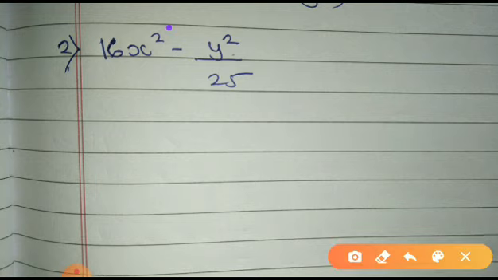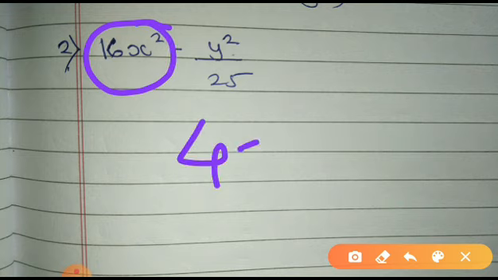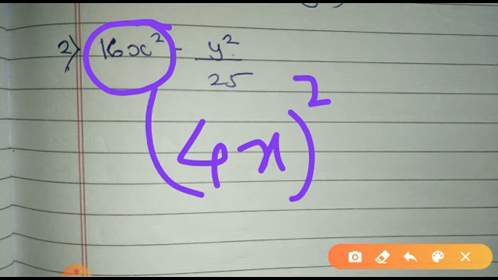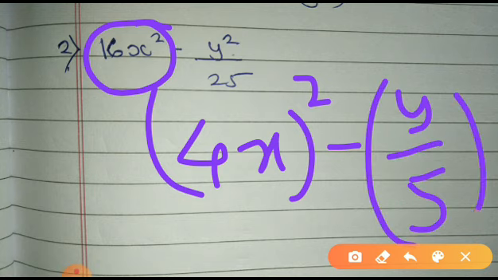Okay. Now check. 16x square, is it a square term? Yes, it is a square of what? 4x. Then y square by 25, is it a square term? Yes, it is a square of (y by 5) whole square. So is it of the form a square minus b square, where your a is 4x and b is y by 5?